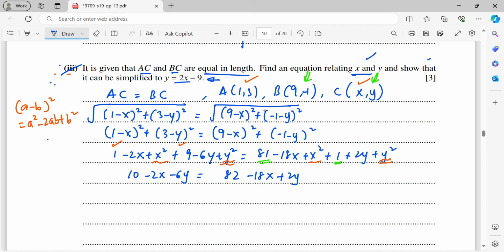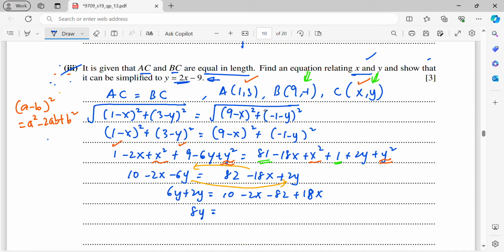Now we need to show y equals 2x minus 9, so get y as the subject. All my y should be on one side. So this moves to the right side and the rest move to the left side. So I will be getting 6y plus 2y. Once I move to the other side, the rest will be 10 minus 2x minus 82 plus 18x. Then here 8y.